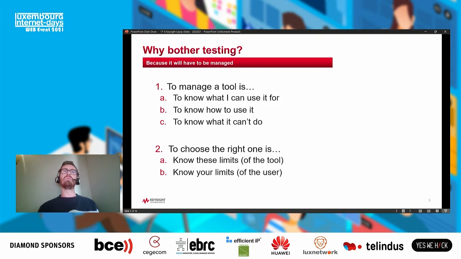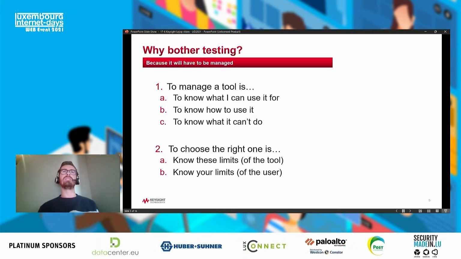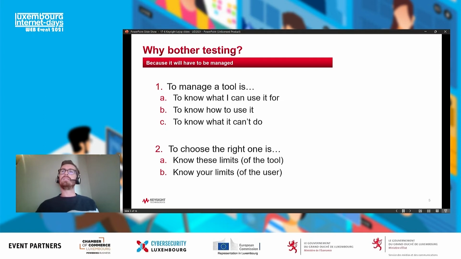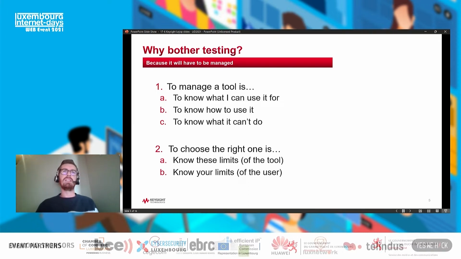So we need to know what the solution is for, what it can do, and what it won't do. Many times, enterprises take a solution. Let's take the example of a DLP. A DLP is supposed to analyze files and know if there is exfiltration of confidential data.